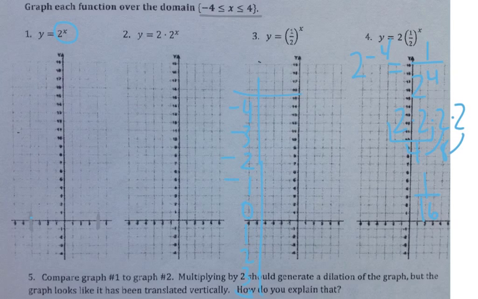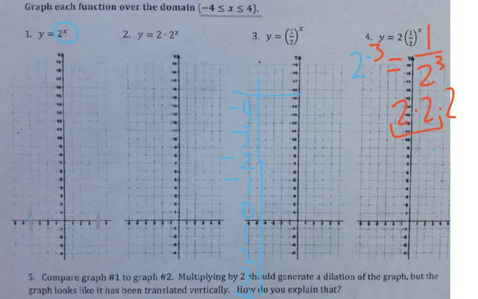Okay, then we do 2 to the -3, and you've got a similar thing going on. That's really 1 over 2 to the 3rd, which is 2 times 2 times 2. So that's 4, that's 8. So 1/8. 1/8 is going to be slightly higher. Oops, that wasn't higher, that was lower.